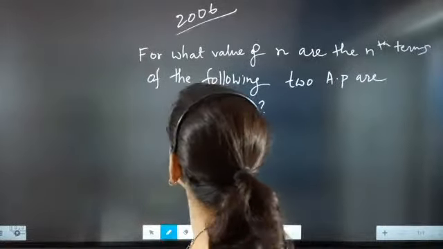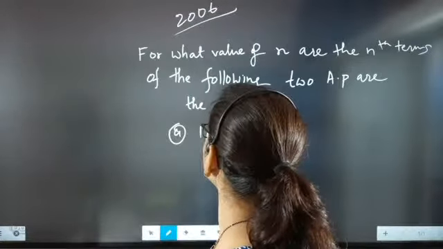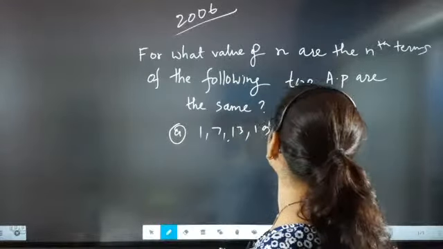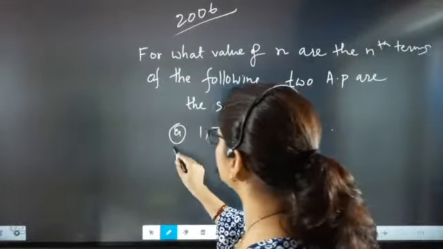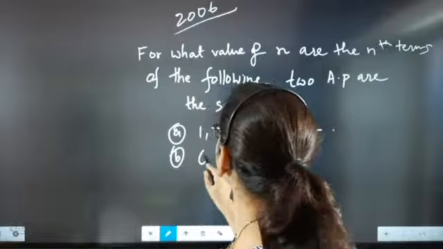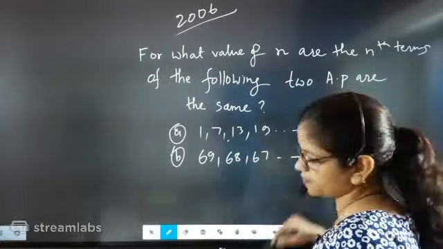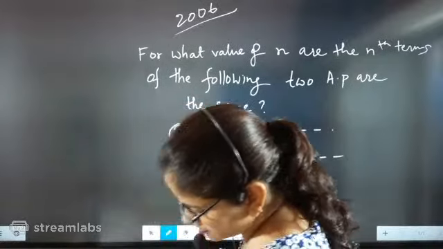The first one is 1, 7, 13, 19 and so on. The second AP is 69, 68, 67 and so on.